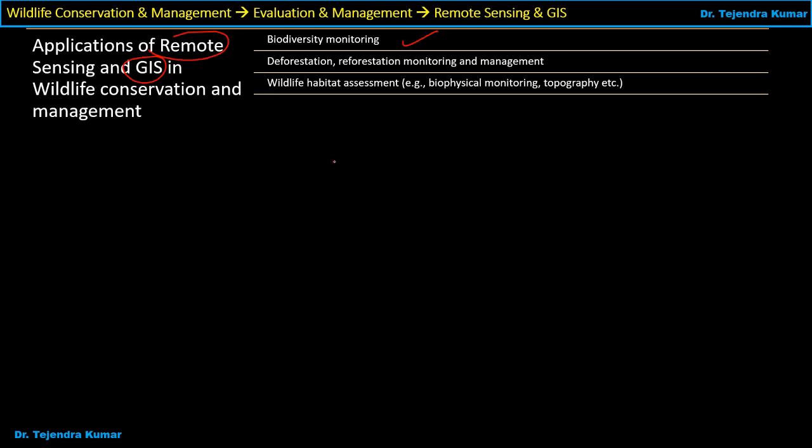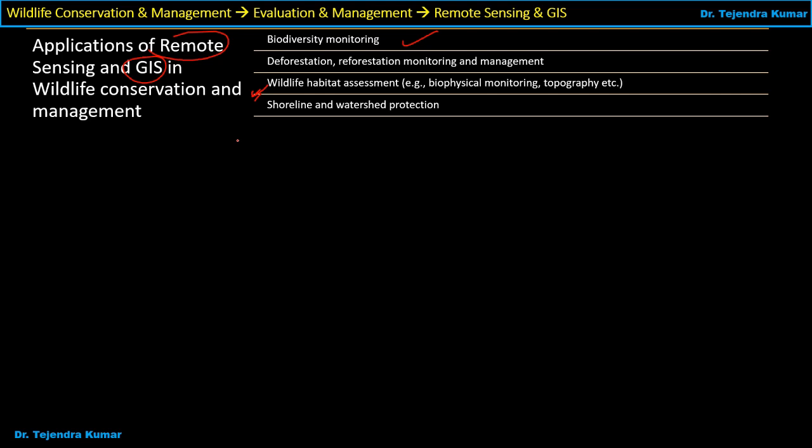So habitat assessment can be done very easily, so that we can understand that this thing is there, so this kind of animal can be found here. We can find their habitat according to their choices and likings, so we can identify all these things.